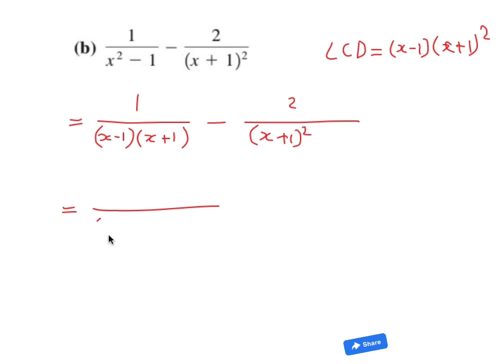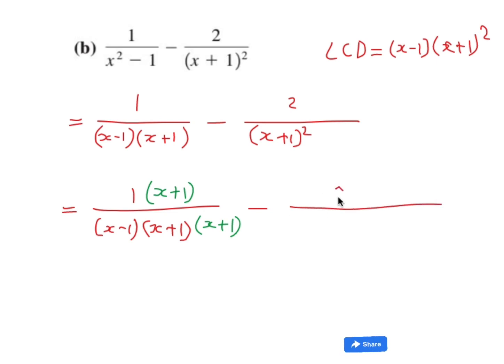Okay. So x minus 1, x plus 1, and here 1. Okay. So here multiply with x plus 1, x plus 1. Now minus 2. Here x plus 1 whole square, we need x minus 1.